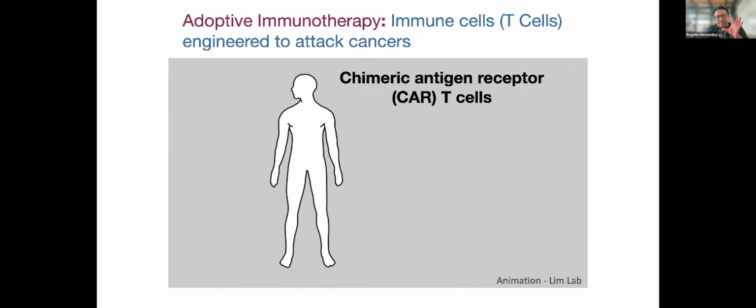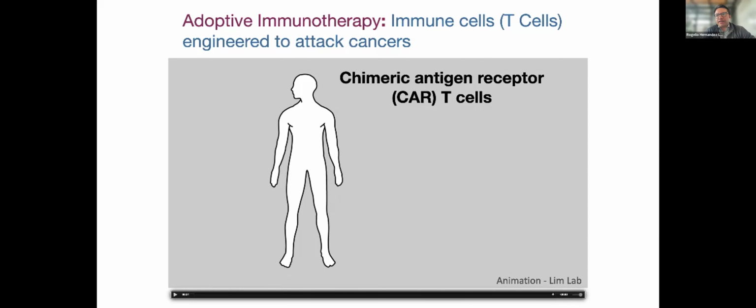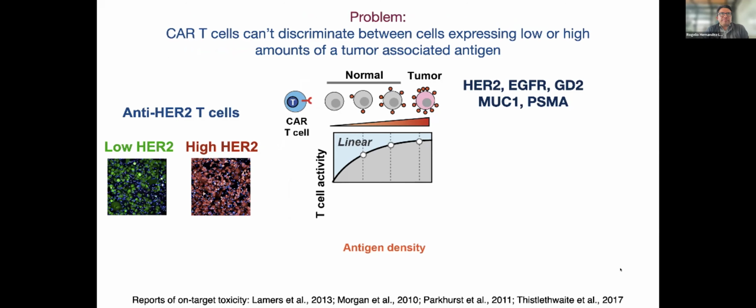These receptors have a recognition domain on the surface of these constructs, and then in the intracellular domains of these receptors, you have parts that are coming from the native T cell receptor or other costimulatory proteins, so that all together, when these T cells engage with a target, they start killing.